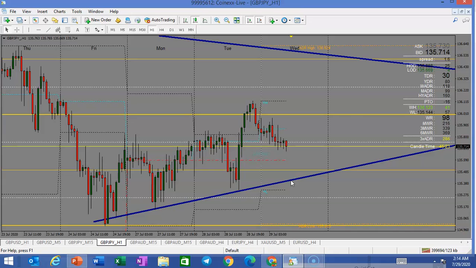So I know that price action will potentially continue to rally down for another 25 pips to this beautiful trend line, and quite possibly bounce up from there.